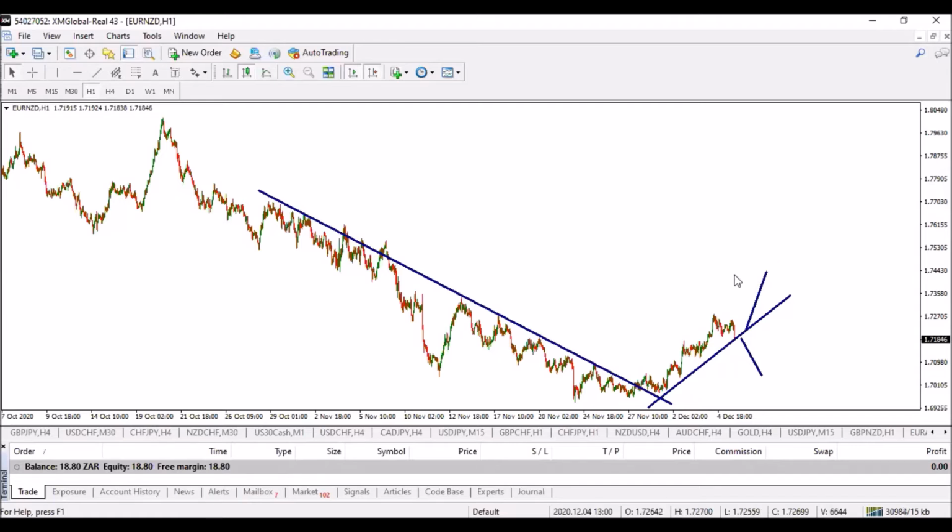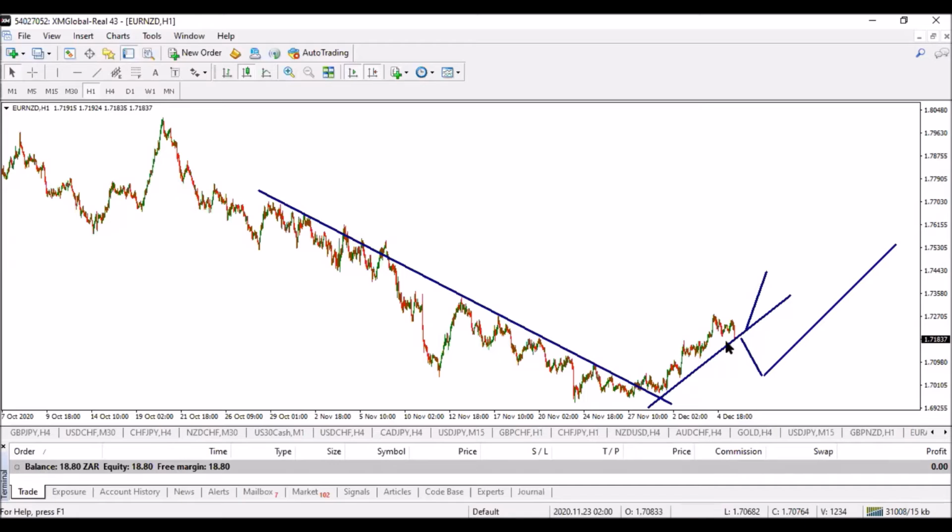So for this one, that's what I'm looking at. But if we're selling here, it's only a short-term sell to some position here. And then here I'll be looking at a possible uptrend. If it decides to break here, if it doesn't, then we're still carrying on.